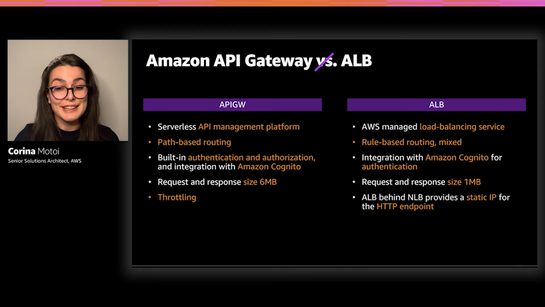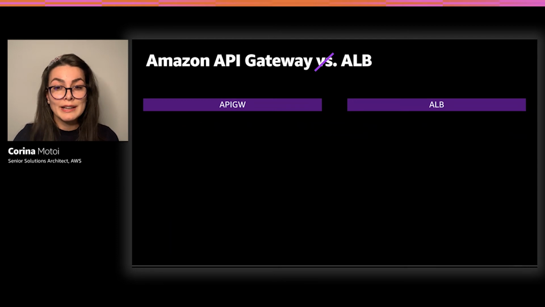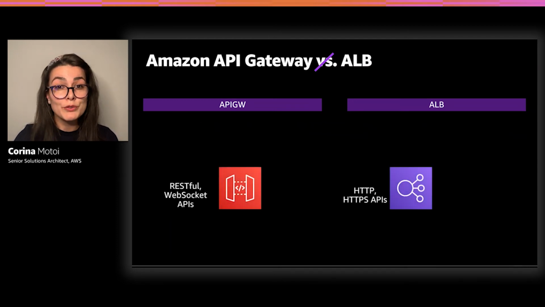Then specifically for the load balancer, if you need a static IP for your HTTP endpoint, you can have your ALB, your Application Load Balancer, behind a Network Load Balancer to provide this functionality. Going a little bit further, both services are highly scalable, but the API Gateway has a limit of 10,000 requests per second, while the Application Load Balancer scales automatically.